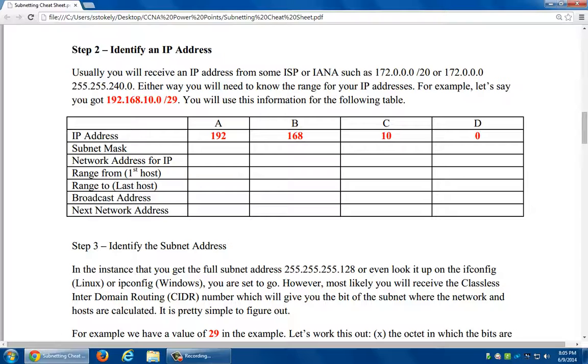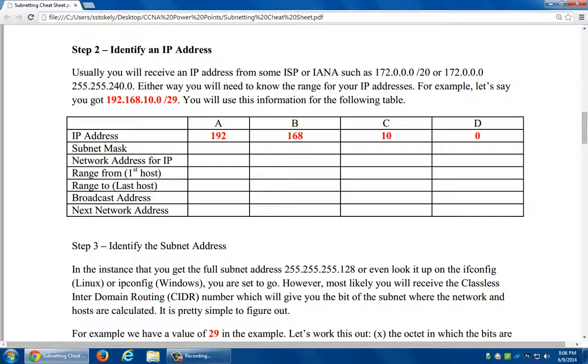It's just an example. So what we're going to do is take the IP address 192.168.10.0, and we're going to look at the CIDR of /29. First, we put in our IP address on the IP address line, which is 192.168.10.0.